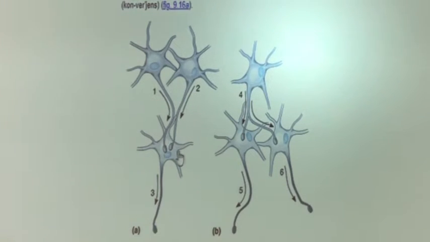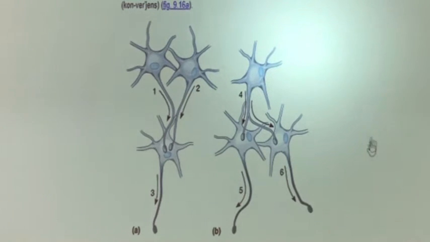What could happen here, let's say this inhibits, let's say this facilitates, but this receiving neuron is going to take a summation of both of those and then elicit an appropriate response.